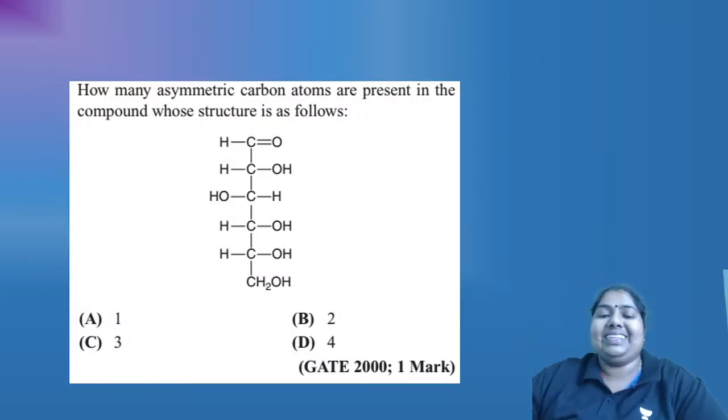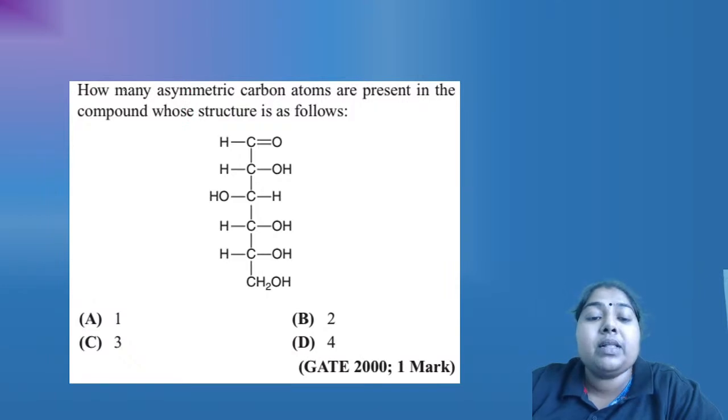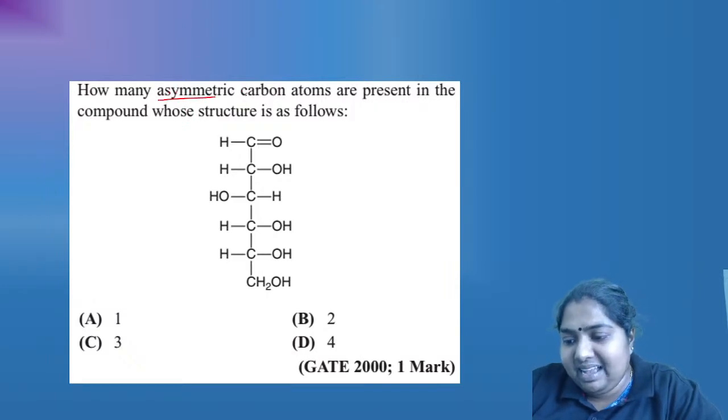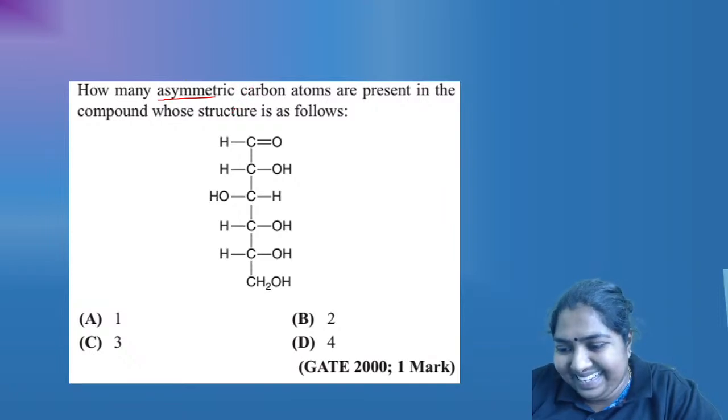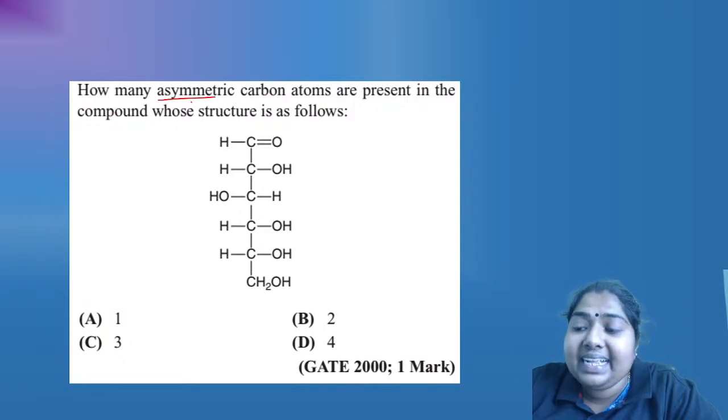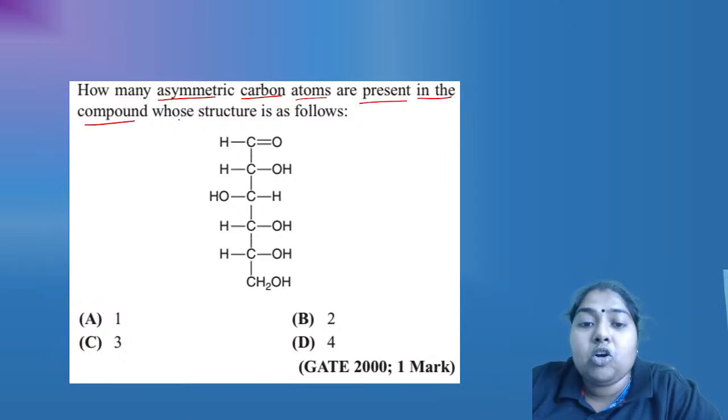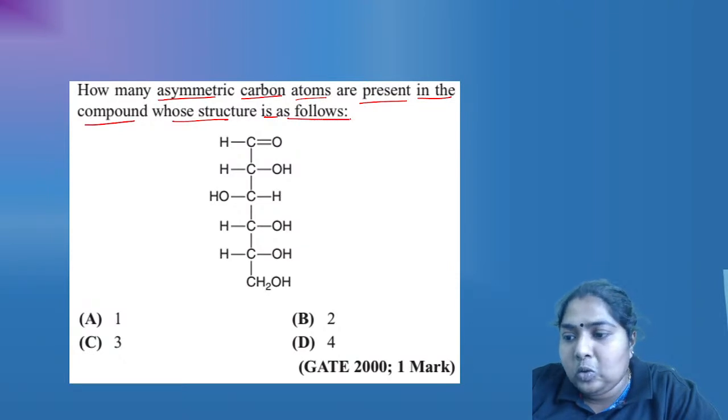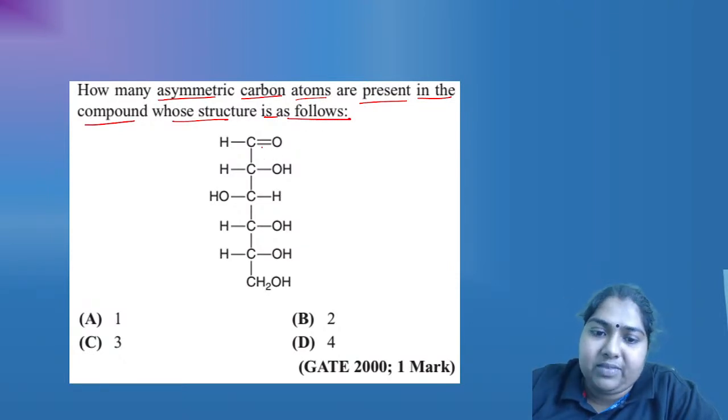So now we are coming to a biochemistry question. How many asymmetric carbon atoms are present in the compound whose structure is as follows? Okay, right. So they have given it.